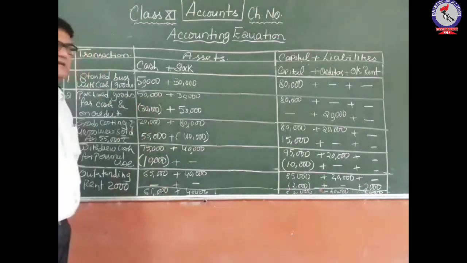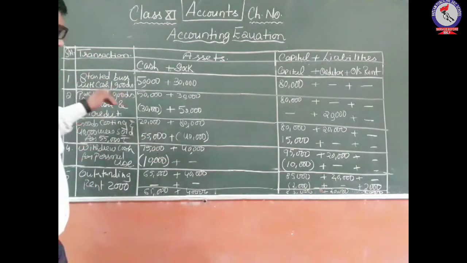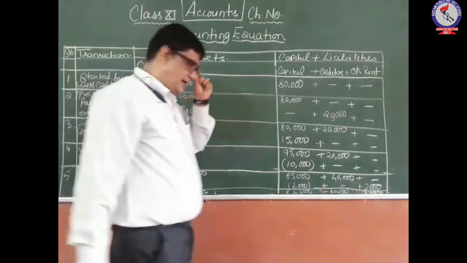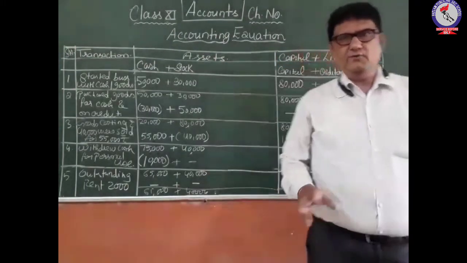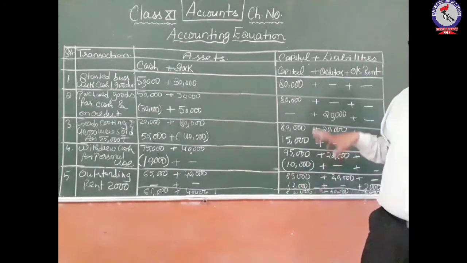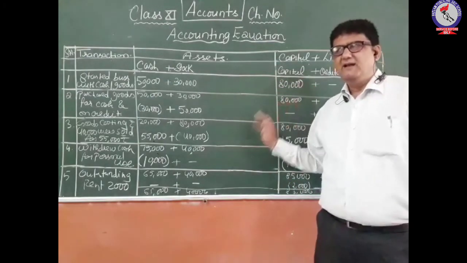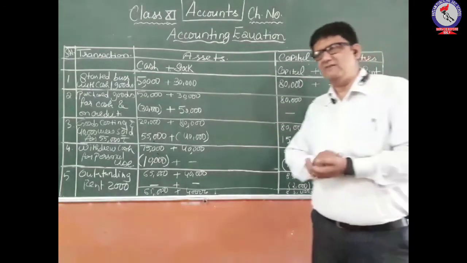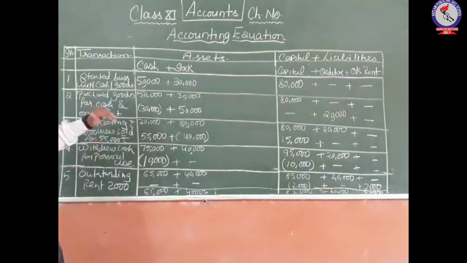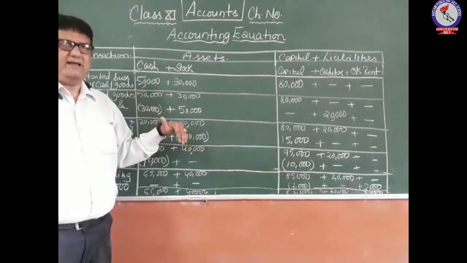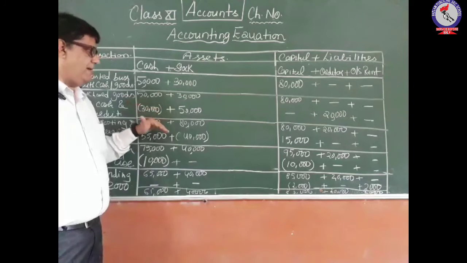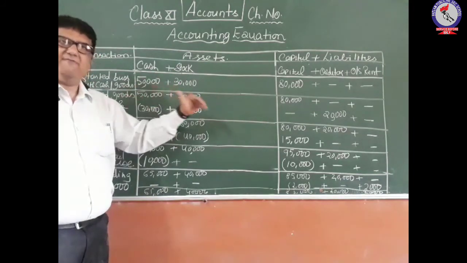So 1,05,000. So this shows that whatever type of transactions you are entering into your business, if those transactions are being analyzed properly by you, that is the items are properly analyzed by you, which items are affected, whether these are related with assets or liability. Second thing, you have analyzed properly that whether there is an increase in amount or the decrease in amount. So at the end of the day, after putting those in the statement and matching them with the previous balance, you will get the same balance on both the sides with every new transaction.